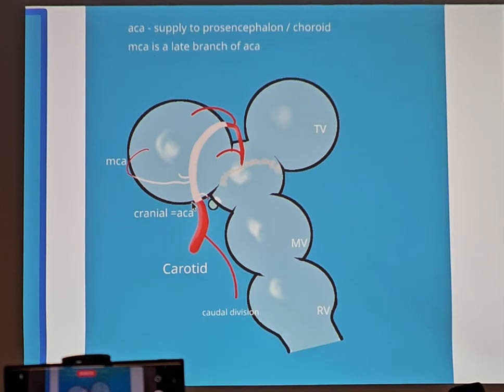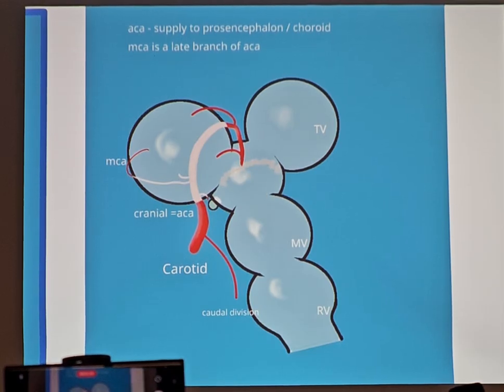Carl has told you that during embryogenesis, at the time that we've got the brain vesicles, the thing that's driving the development of cerebral vessels is the choroid plexus. The anterior cerebral artery is a choroid plexus artery initially, so at the level of the diencephalon we've got the anterior choroidal and the anterior cerebral coming around to meet at this point.